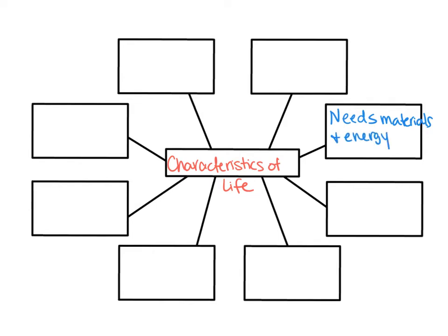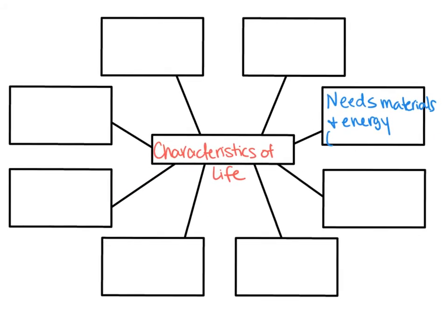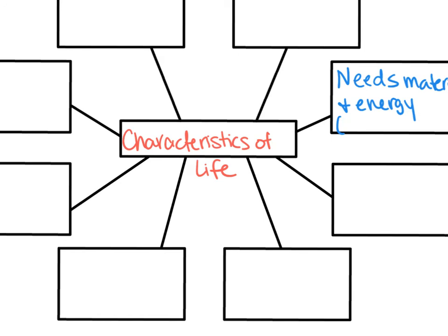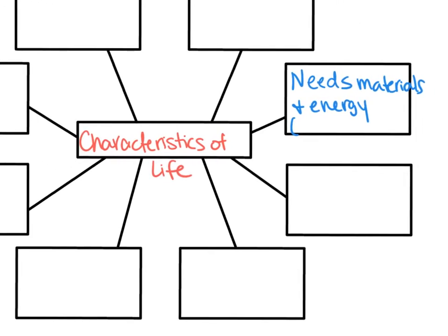So they need materials and energy, and taken together, the processes that living things do in order to change materials and change energy around, that's called metabolism. Metabolism. Okay, so all living things have a metabolism.